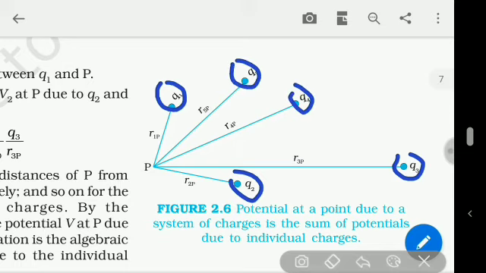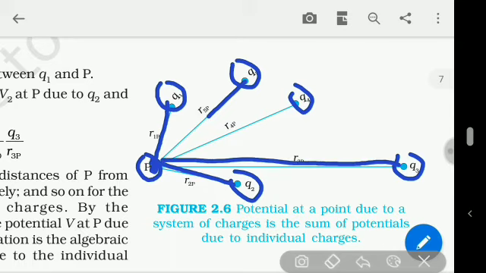So if there is a discrete distribution of charges in this way, and if we want to find the potential at this point due to this system of charges, then we will individually find the potential due to the first charge, then the potential due to the second charge, then the third charge and so on for the other charges.